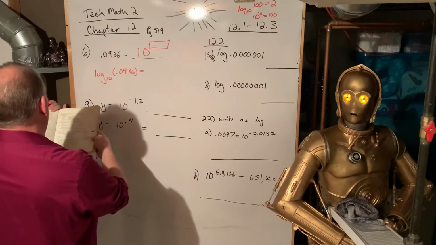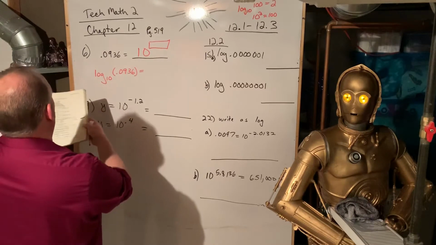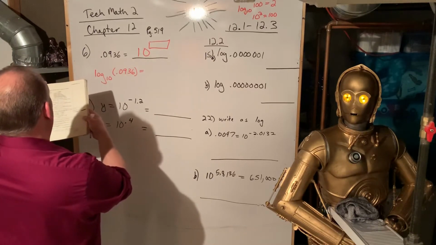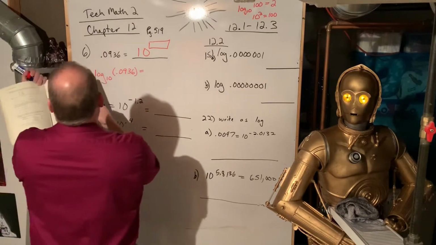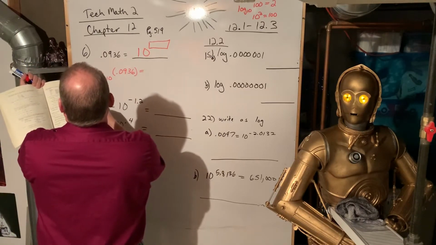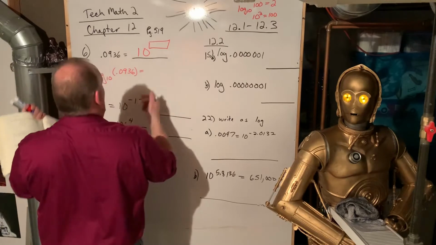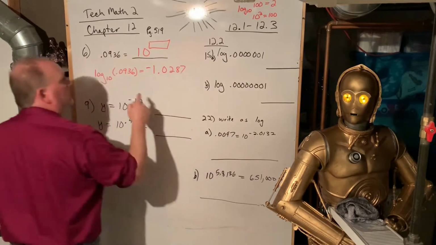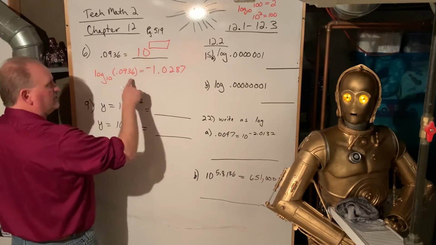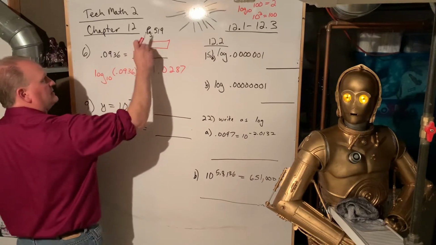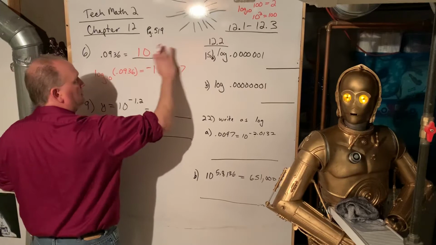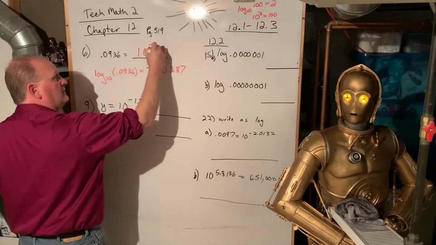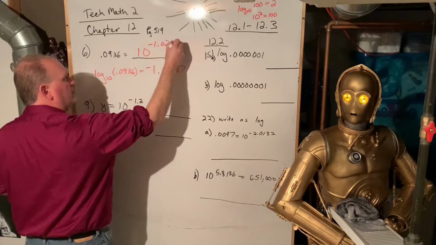Number 6 is going to be negative 1.0287. We can confirm that, but they want you to write it as 10 to the negative 1.0287 power.